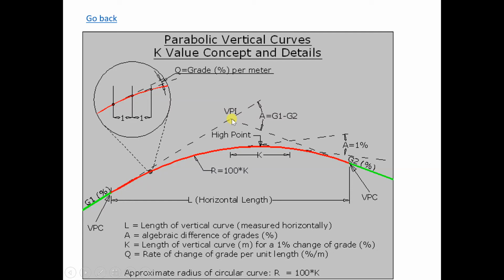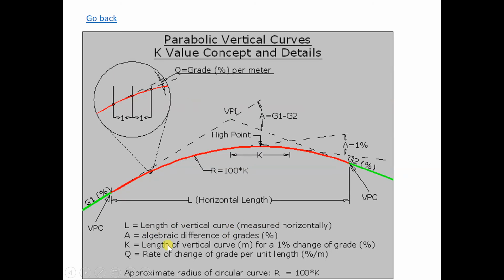Here they call it VPI, but in the project we're going to call it the VIP, vertical intersection point, to differentiate it from the horizontal curve. For the horizontal curve, the intersection point is just called IP. So we have this G1 percentage, G2.